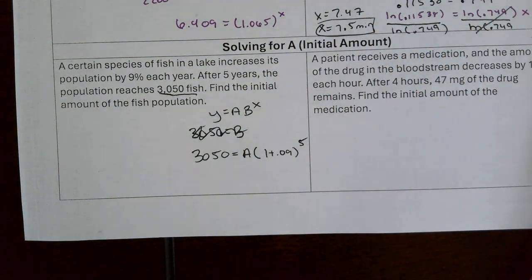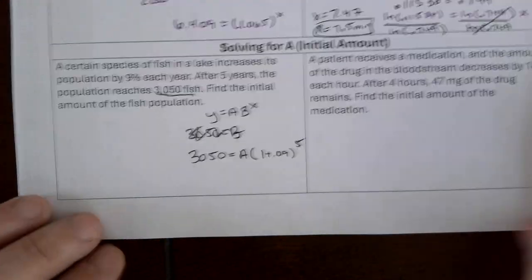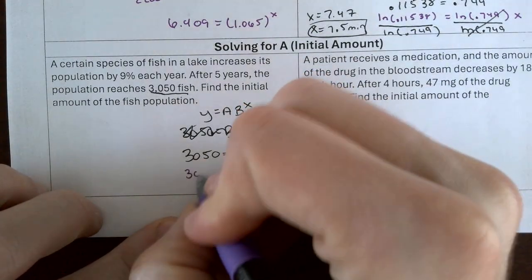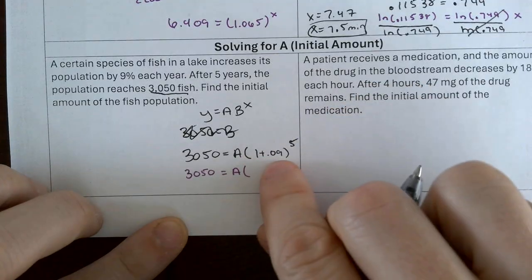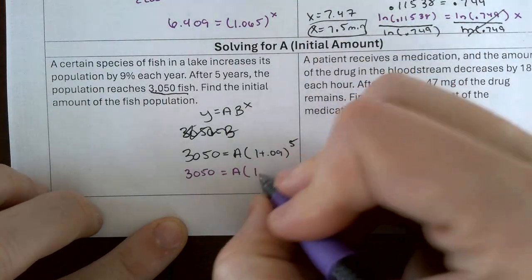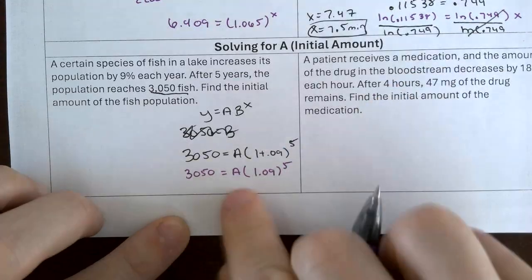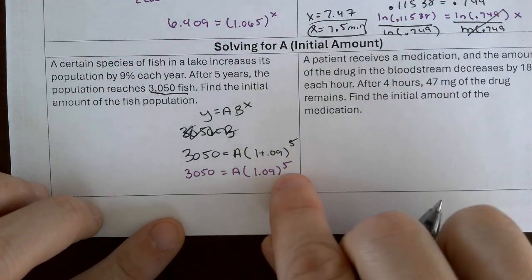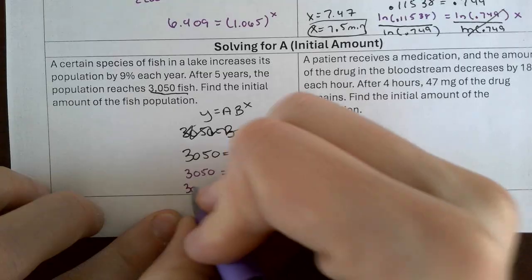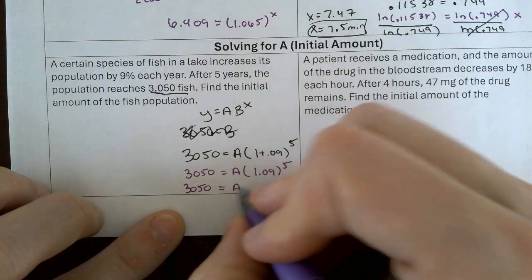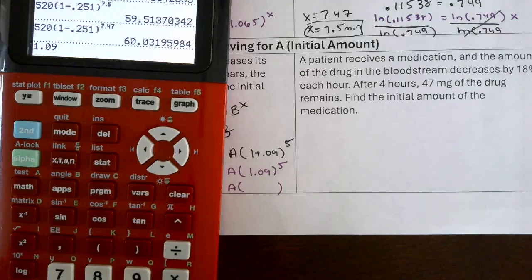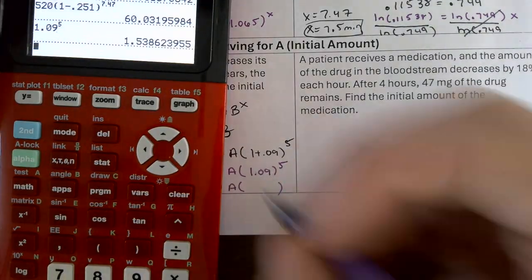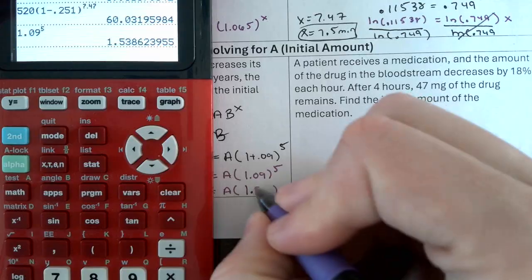How do we solve this problem? This one's actually a lot easier to solve because we can add 1 plus 0.09, and that makes 1.09, and we know the exponent, so I can raise 1.09 to the 5th power. So 3050 would equal a times 1.09 to the 5th power, which is 1.5386, and a lot more digits.